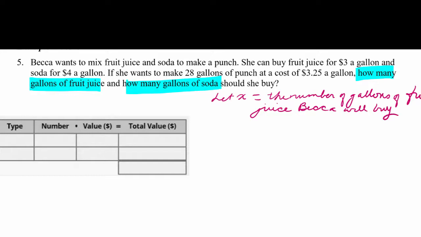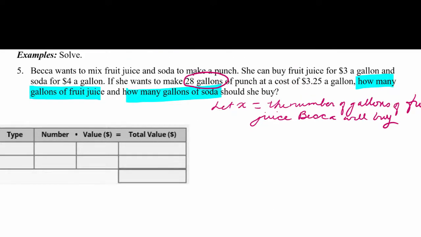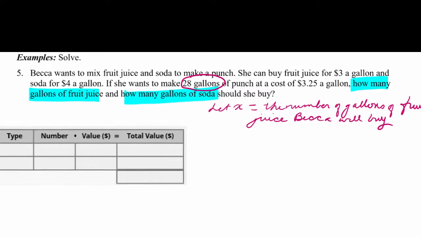Just like in our previous video where we talked about selling a number of tickets total, and we did a bit of subtracting to define one type of ticket, we're going to do the same thing here. So we know that total, the punch is going to be 28 gallons. So X gallons will represent the fruit juice.